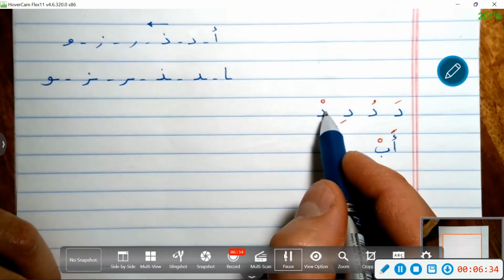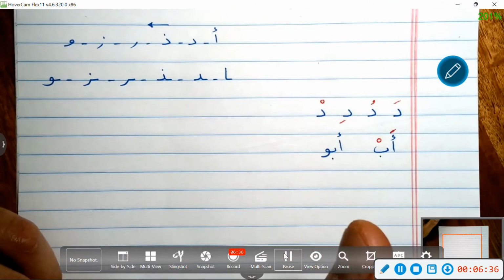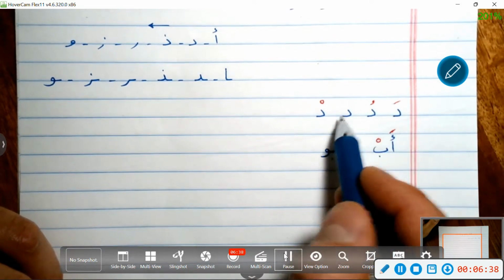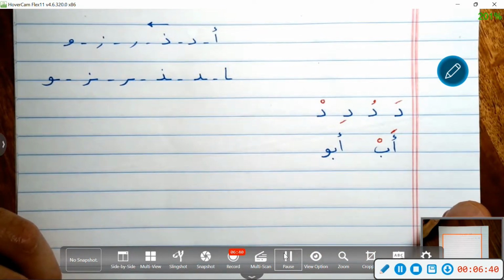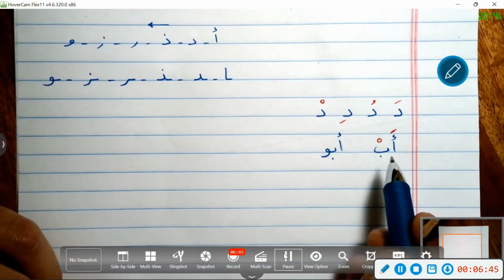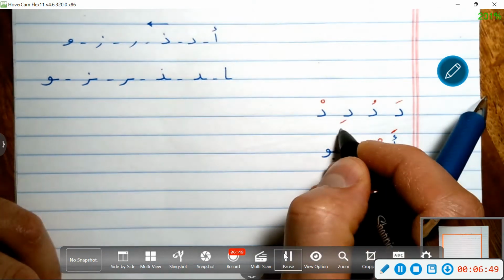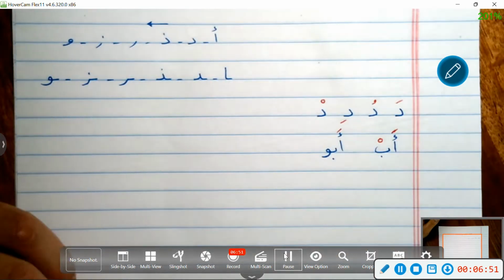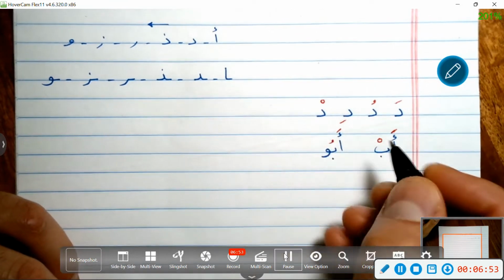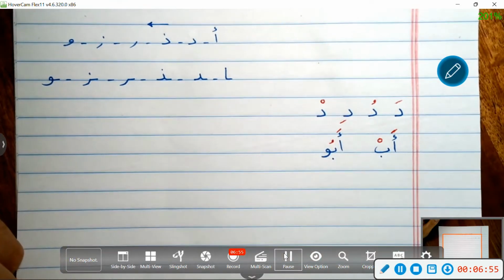Short vowel means short sound. So the harakat are short sounds, while the mad is a long sound. So ab, abu, there is fatha above the alif, there is dhamma over the ba, and then there is waw here. So abu.